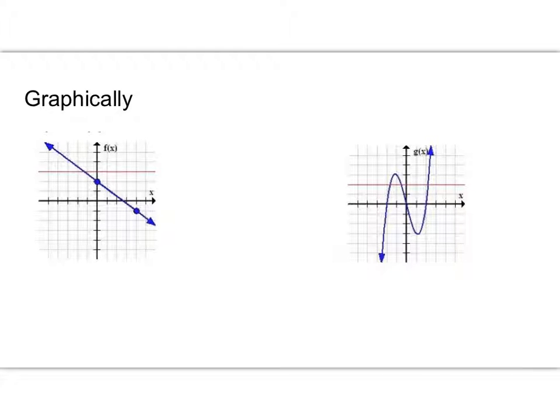So this function here on the left is one-to-one, and it has an inverse function. However, if I look at the function g of x on the right, if I draw a horizontal line, I only have one y value here, but as I move down the function, there are places where I have two or even three y values. So function g of x doesn't have an inverse, and it's not one-to-one.